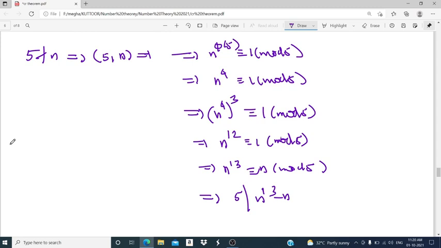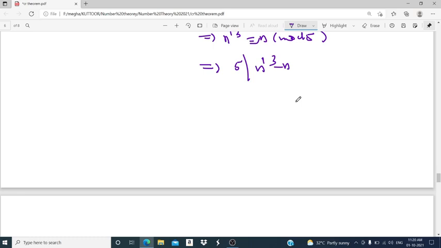If 5 divides n, then in the same way 5 also divides its combination n into n raised to 12 minus 1. Therefore 5 divides n raised to 13 minus n. In the same way we can say that 7 also divides n raised to 13 minus n, and 13 also divides n raised to 13 minus n.